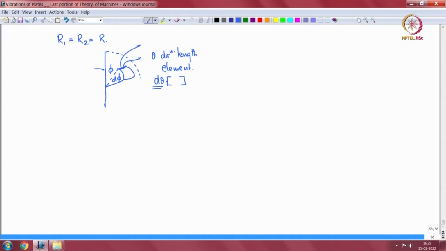So if you look at it from the top, that looks like a pie. This edge over here is d theta.